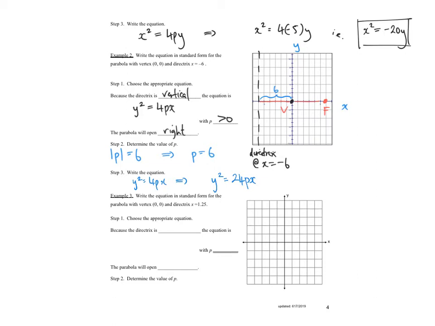Now we want to have some idea of how steeply or narrowly the parabola is opening up. The best way to do that is to take a test point. So we may as well, for simplicity, take x to be 1. That gives y squared equals 24. So that means that y will be plus or minus the square root of 24, which is a little less than 5 in absolute value.